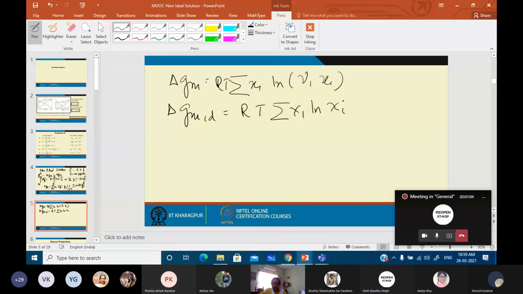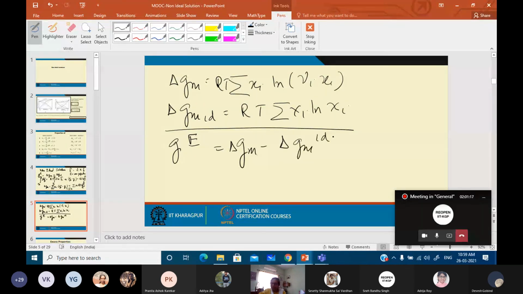So therefore, what is the excess property, which is nothing but delta Gm minus delta Gm ideal? What is this equal to? This minus this. What does it give? This is equal to RT sigma Xi ln gamma i.